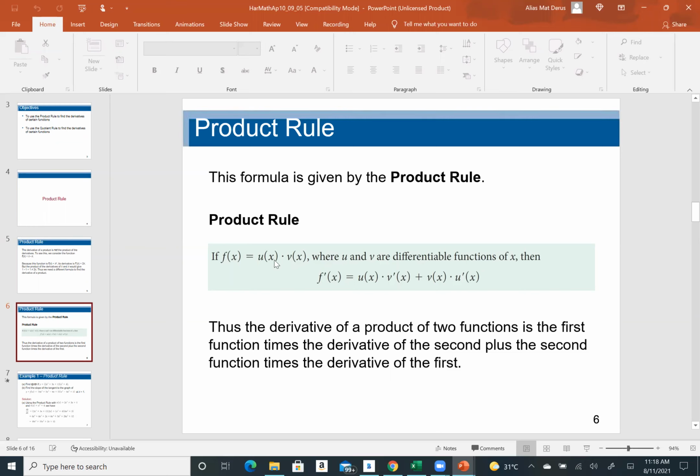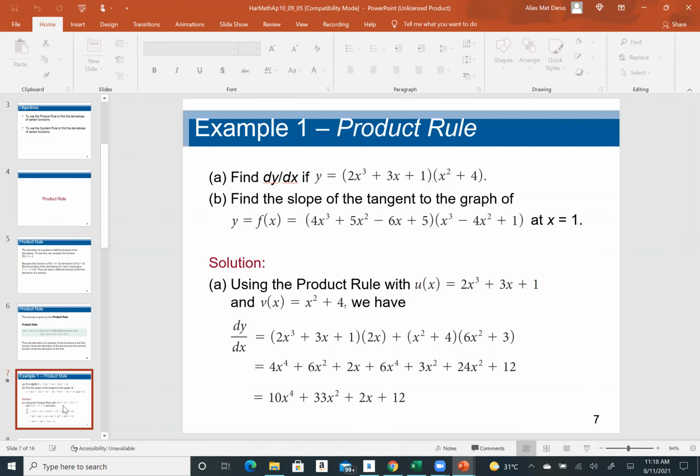So in short, I don't have to put x. Example, 3x squared plus 3x plus 1 multiplied by all this. Now, how do you differentiate this thing?